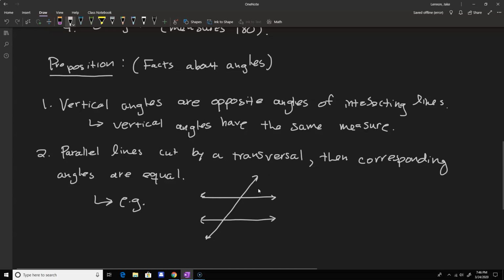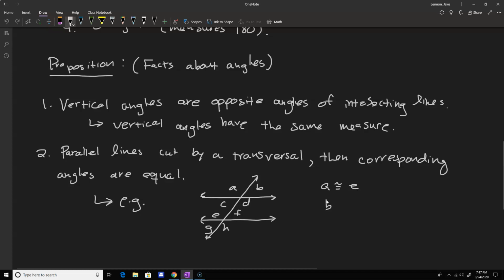So let's say we label the angles as follows: A, B, C, D, E, F, G, and H. So if they're at the corresponding intersecting vertices, they're corresponding. So basically, angle A is going to be congruent to angle E, so those are the two corresponding parts.